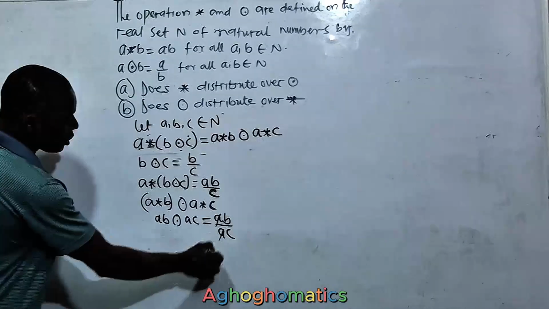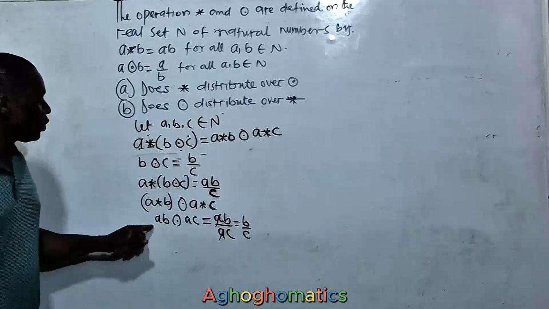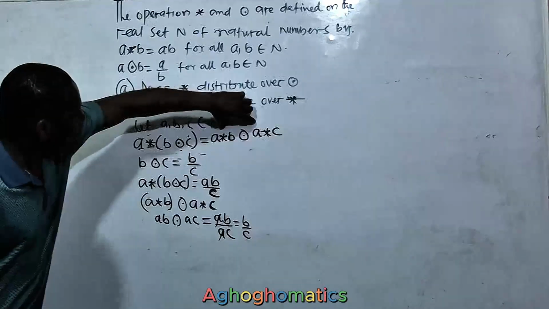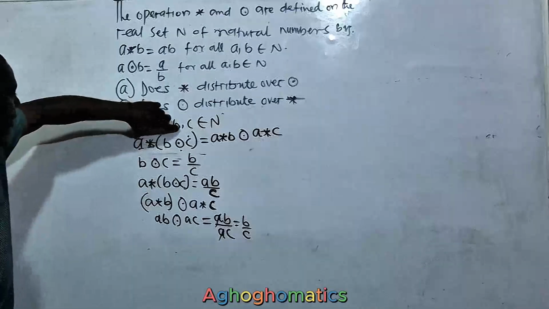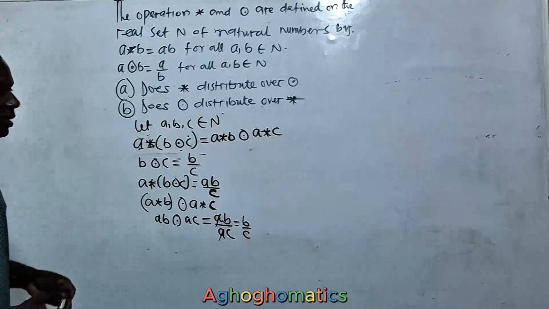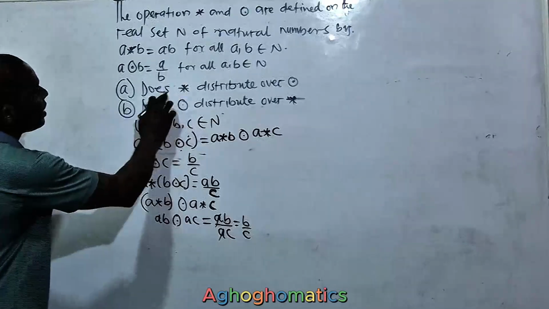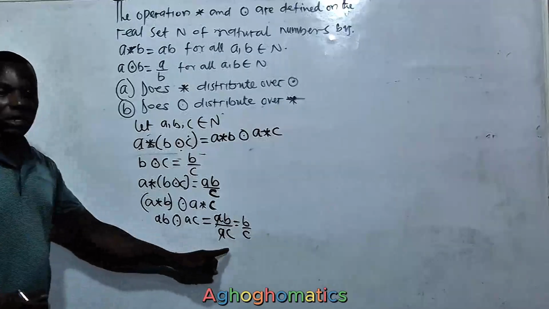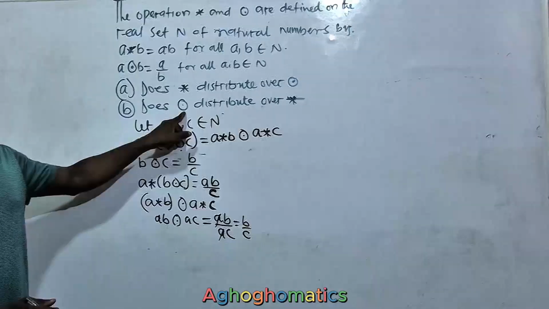So this goes with this, and what is left is B over C. We could see that this aspect of the operation is B over C, and this aspect is AB over C. That means the star operation does not distribute over the operation here. That is the meaning.